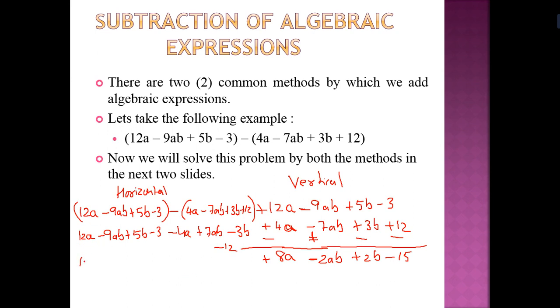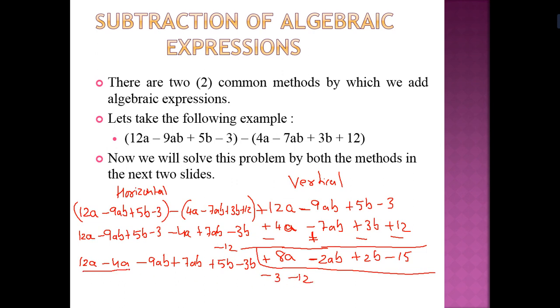Now these are all the same variable, that is important. 9ab plus 7ab, plus 5b, minus 3b, minus 3, minus 12.